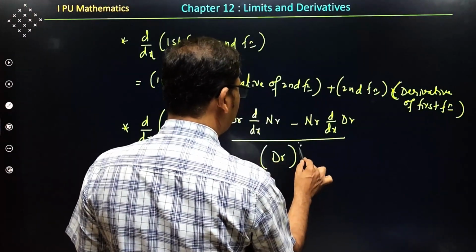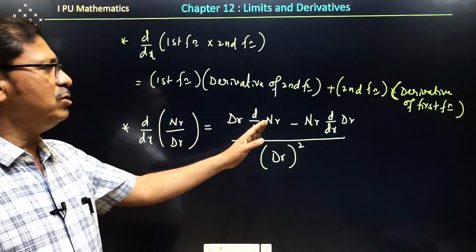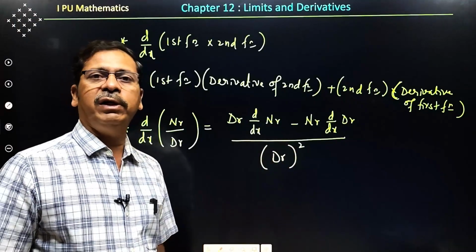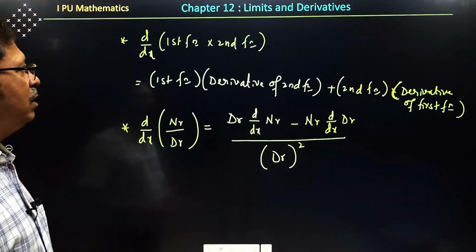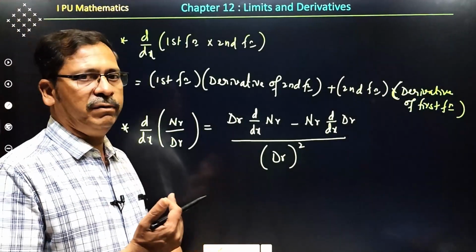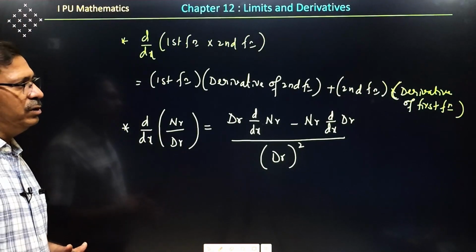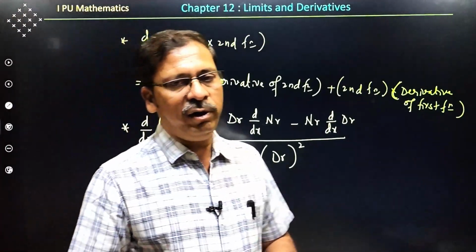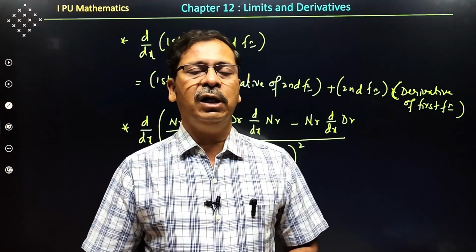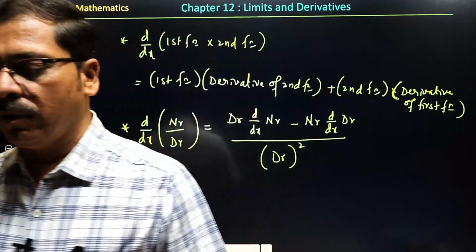So these are the rules for differentiation, the basic algebra of differentiation. This completes almost the required theoretical part as far as the derivatives concept is concerned, and let me continue the exercise in the next class.